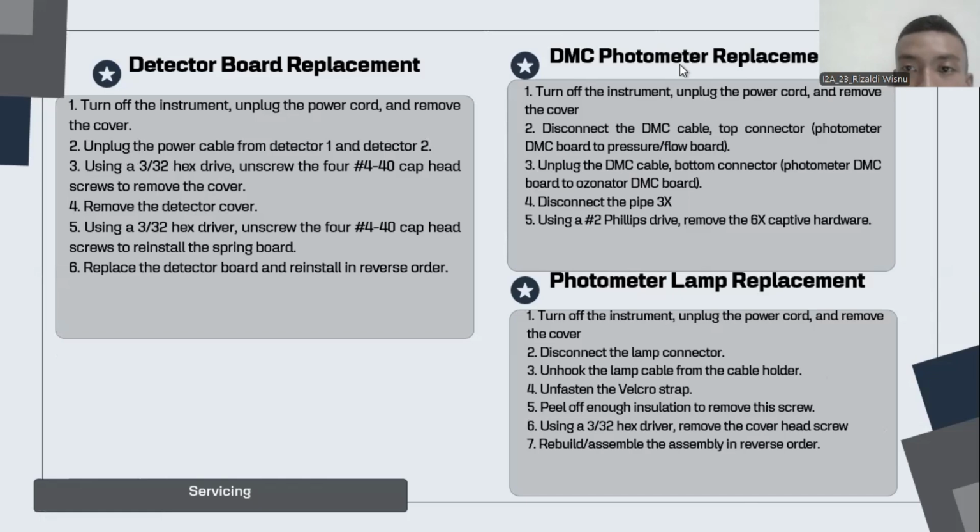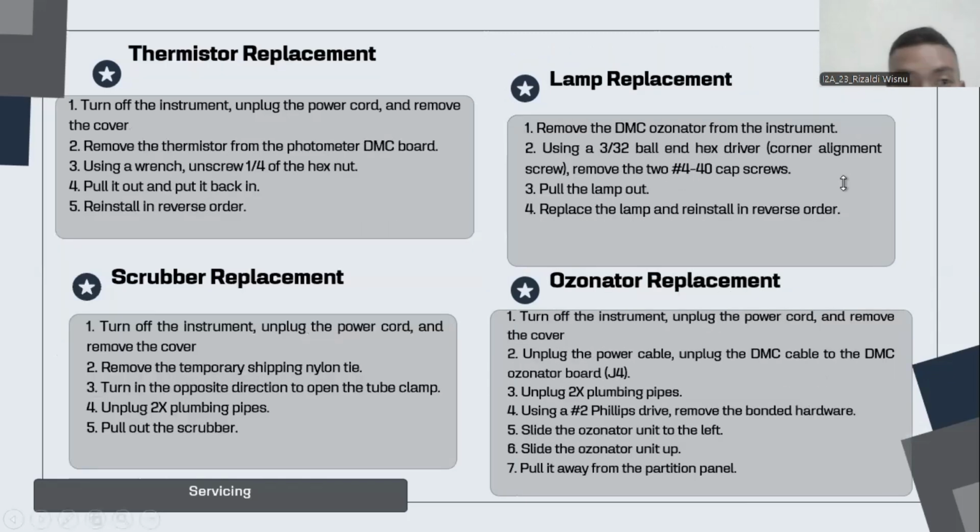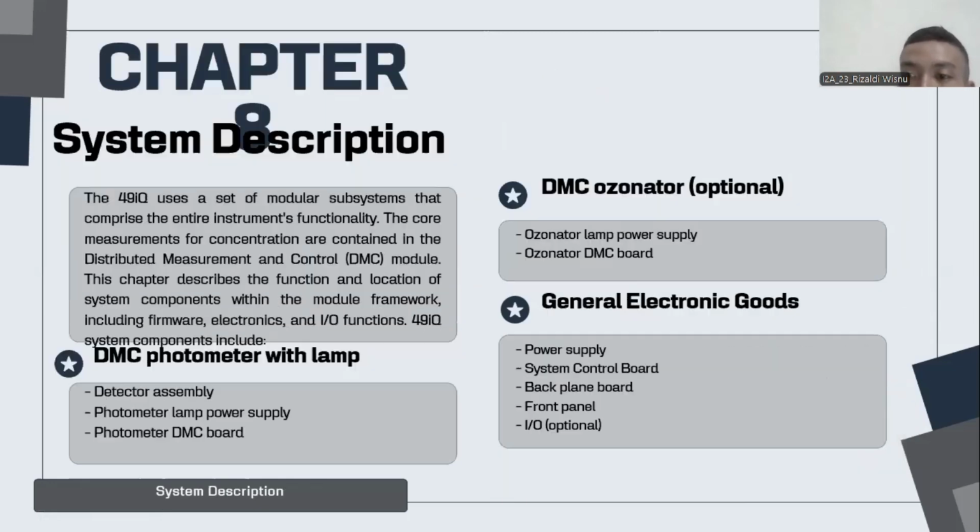Then we can see detector board replacement, DMC photometer replacement, photometer lamp replacement, thermistor replacement, scrubber replacement, lamp replacement, and ozonator replacement.